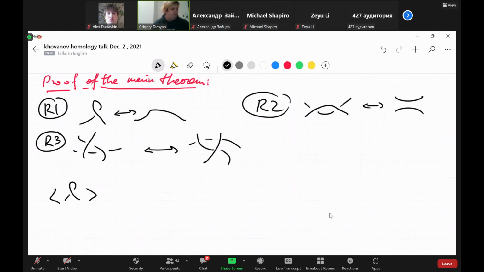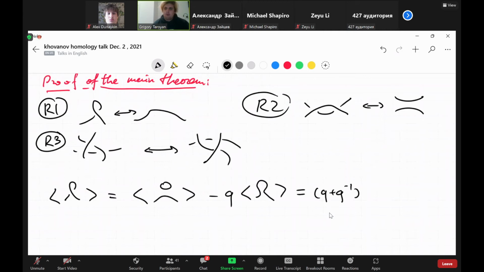So for the Kauffman bracket, we have something like this. By applying the axioms of the bracket, we get the form.